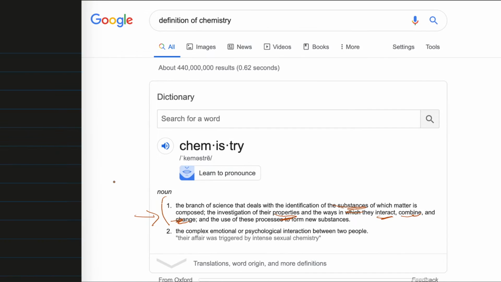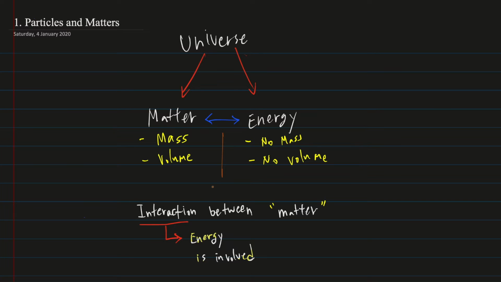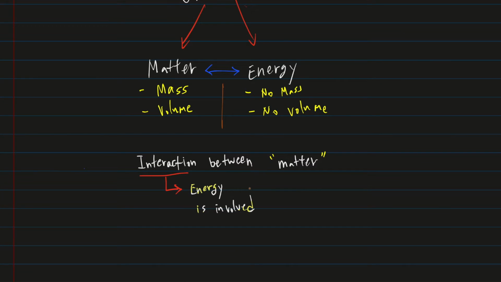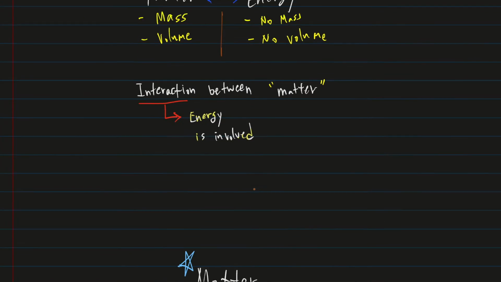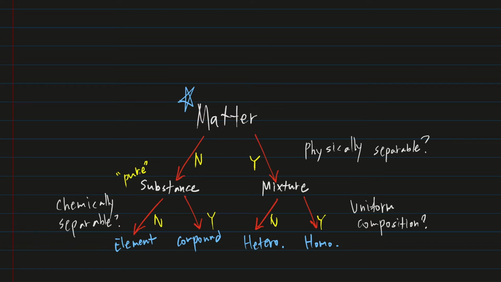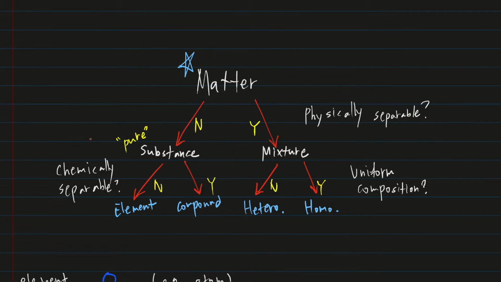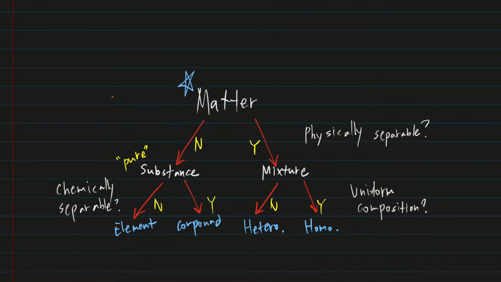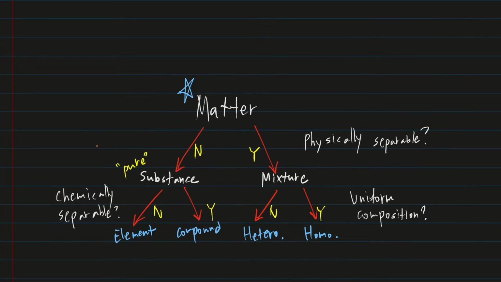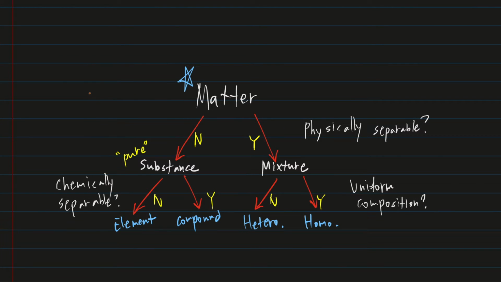So we can say that chemistry is basically a subject about the interaction between matters and finding their properties. And another thing to remember is that it's not only about the matter, it's also about the energy, as the interaction also involves energy. Energy can be released, absorbed, and it can be in the form of light, heat, whatever you want. So chemistry is not only about matter, it's also about energy.